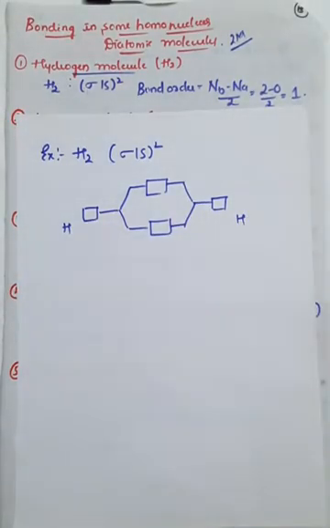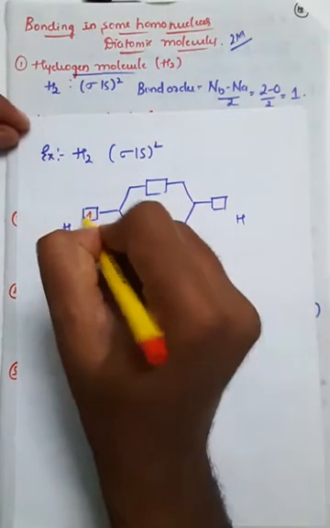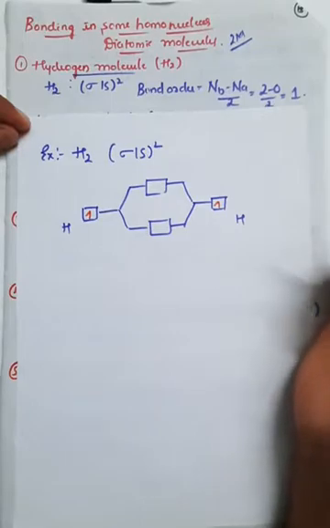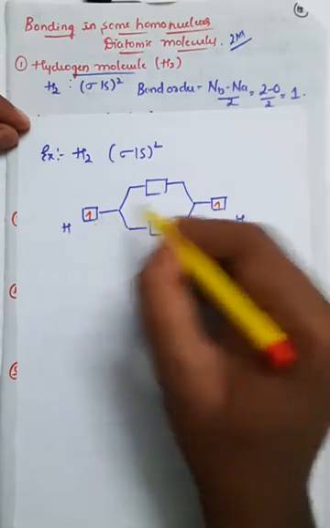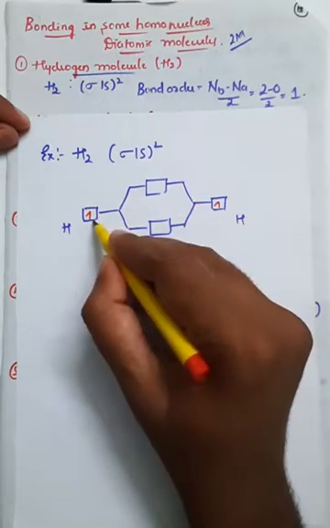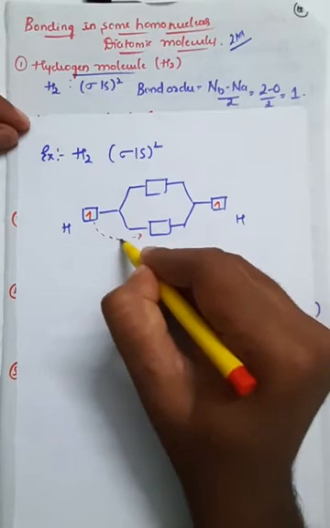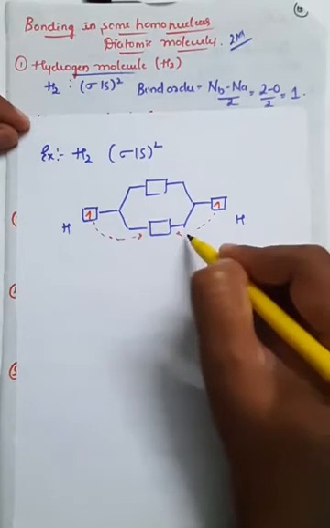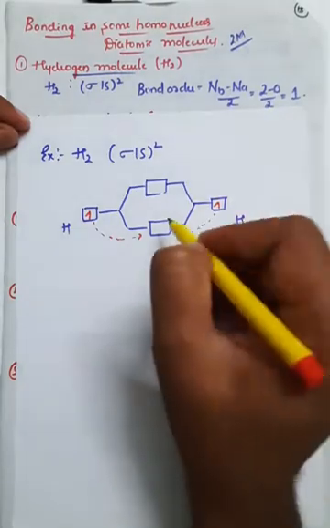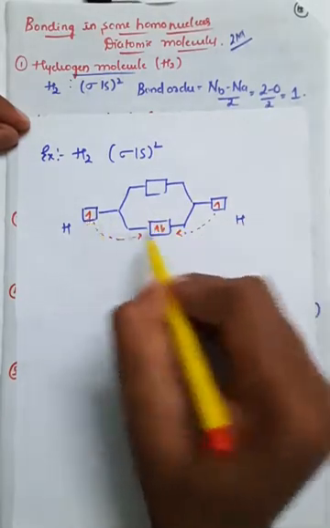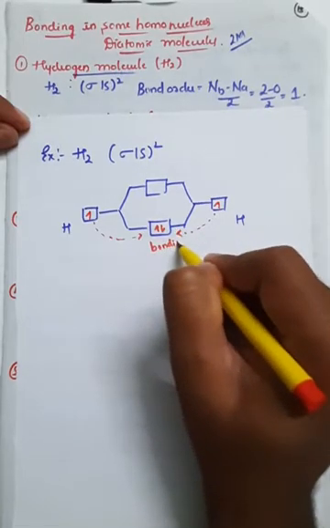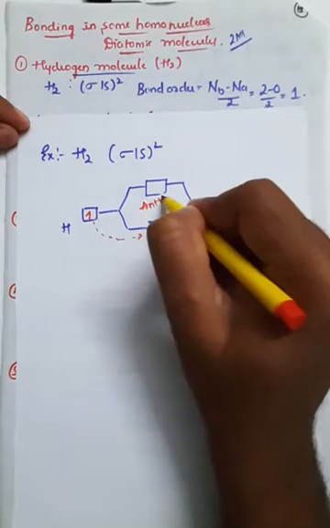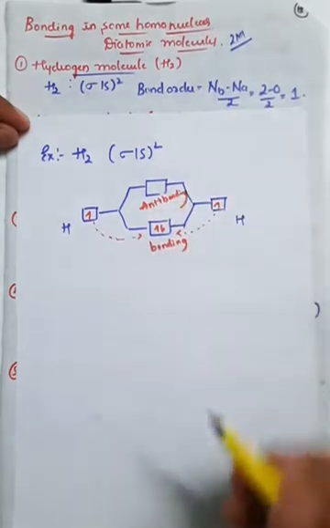Here, this hydrogen consists of 1 electron, this hydrogen also consists of 1 electron, and after bond formation they convert into the H2 molecule. So these 2 electrons come here, and this electron is also given to this. So it consists of 2 electrons here, one from this hydrogen and another from this hydrogen. This is bonding and this is antibonding.